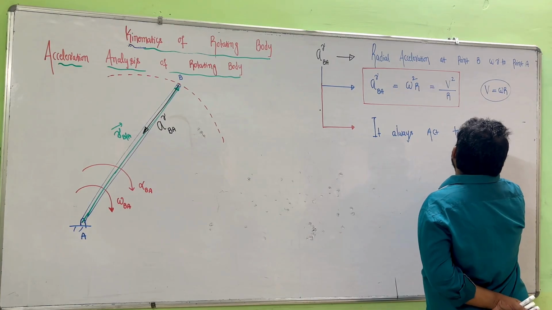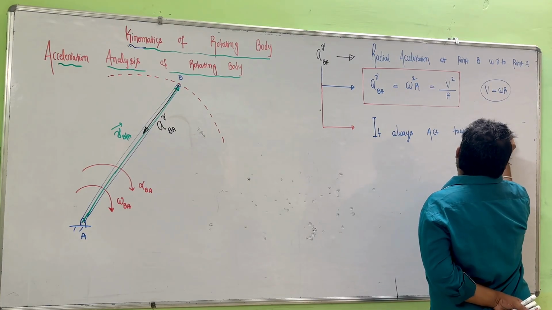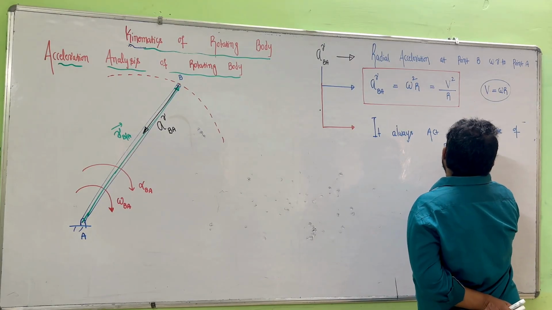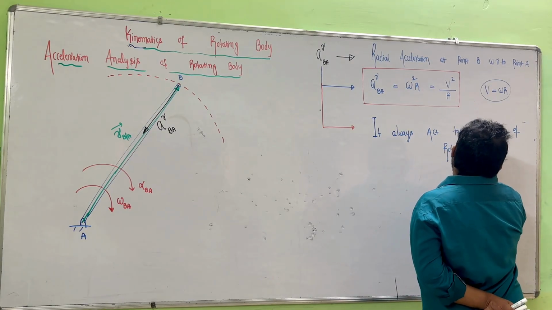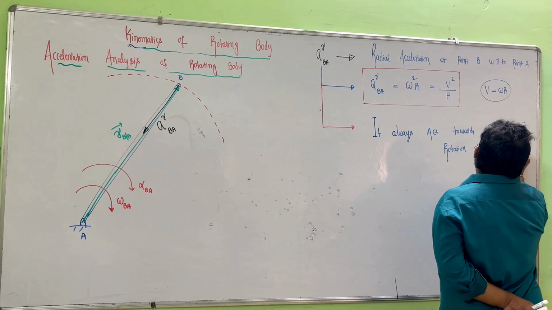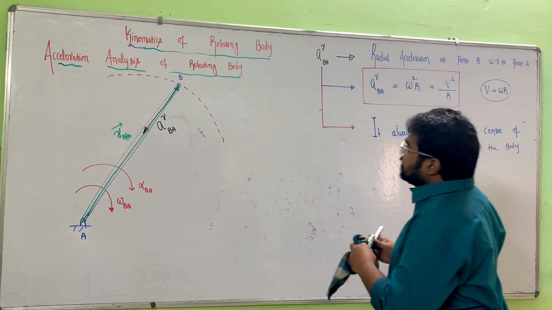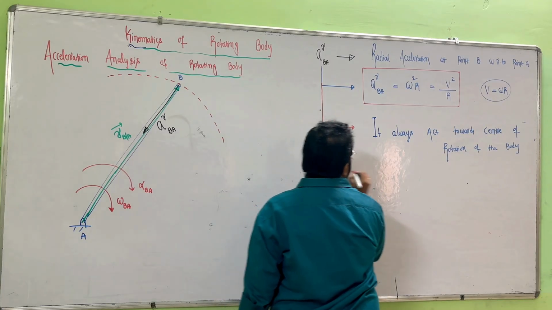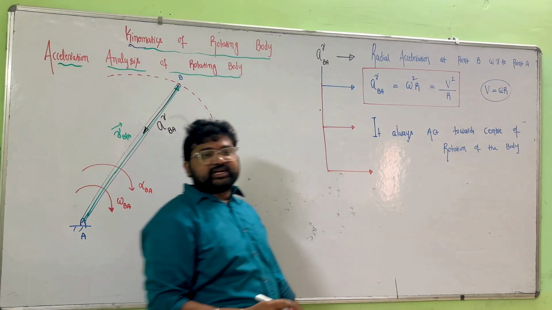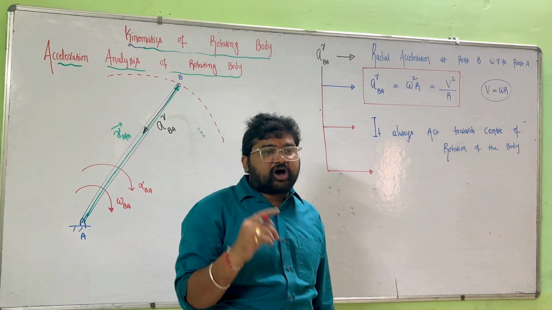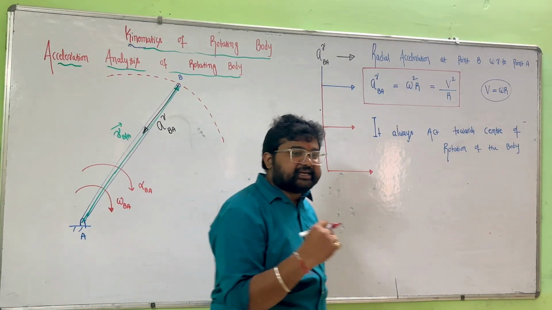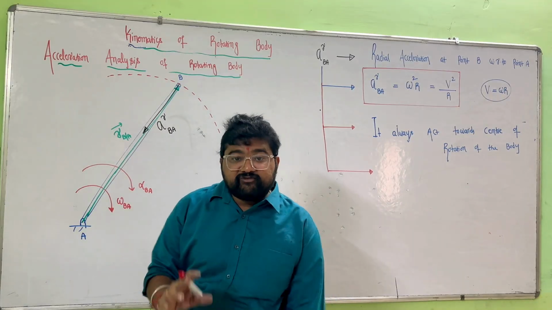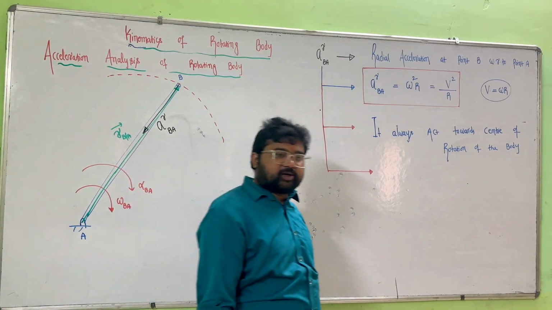So we can confidently say that radial acceleration is centripetal acceleration. Centripetal means it always acts towards the center. Centrifugal means it always acts away from the center of rotation of the body.